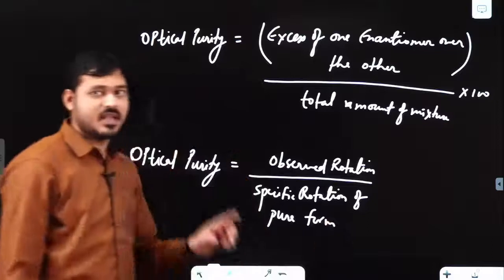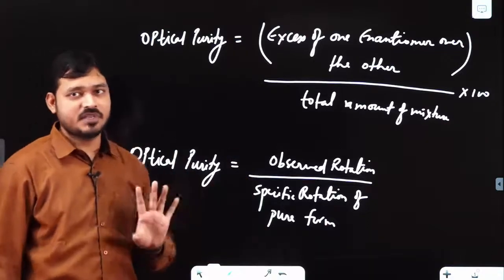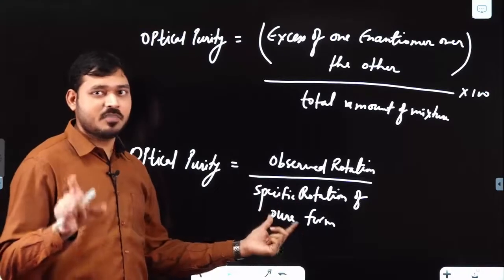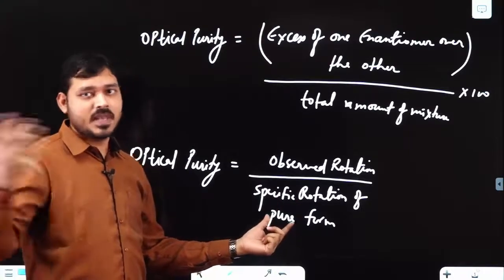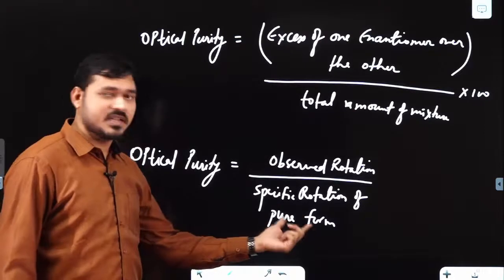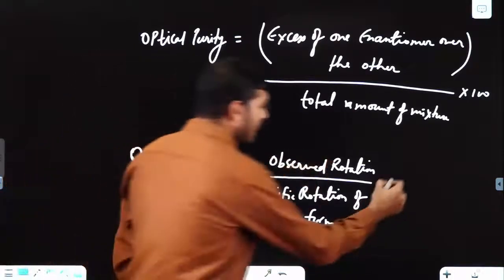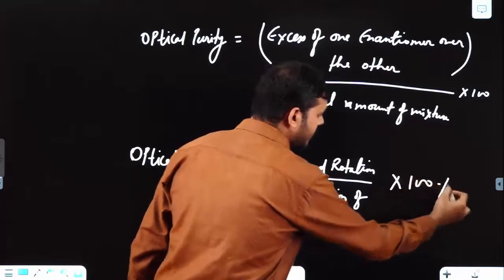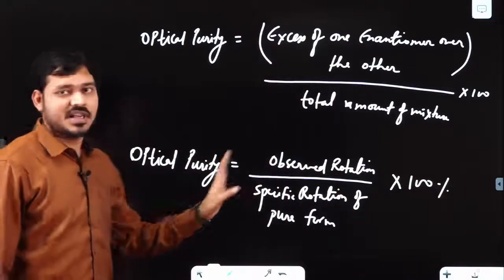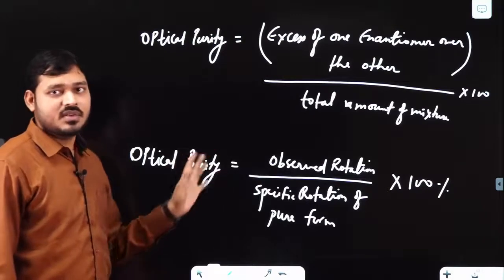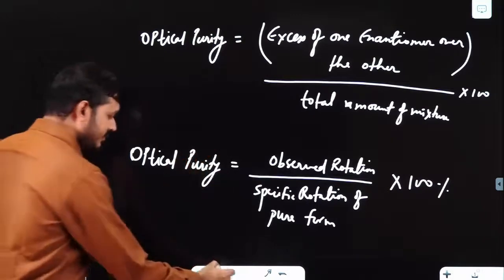Suppose you have A and B, both mirror images of each other. So for A, you will have a pure specific rotation of the pure form, or B, same magnitude, so that is fixed. And for the mixture, you have some observed rotation, into 100. This will give you optical purity. Clear to you all? These two formulas. Now we will see some calculations.